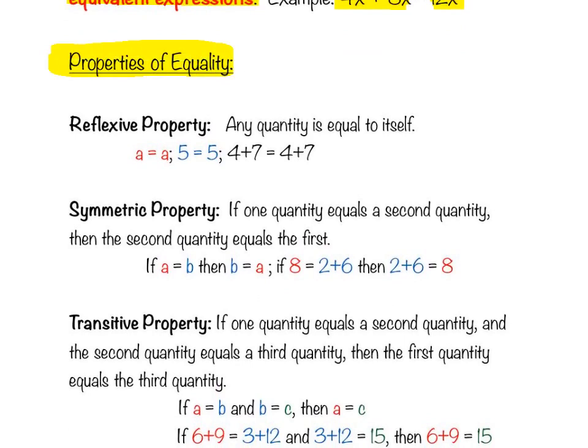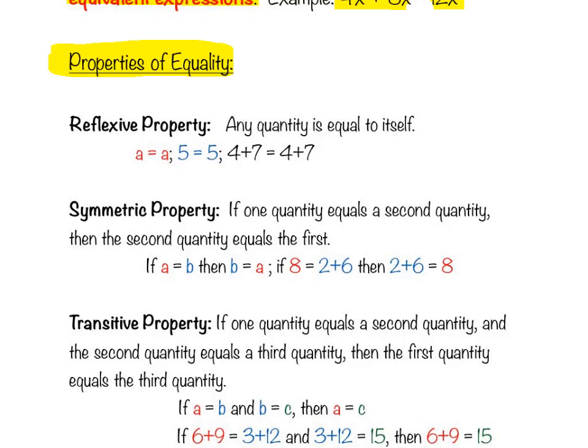The first property that we'll look at is the reflexive property. Reflexive property says that any quantity is equal to itself. For example, A is equal to A. 5 is equal to 5. 4 plus 7 is equal to 4 plus 7.